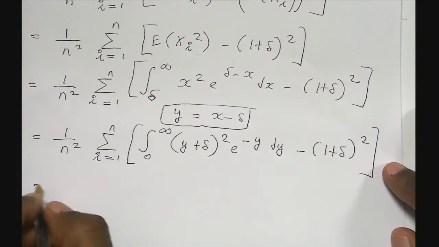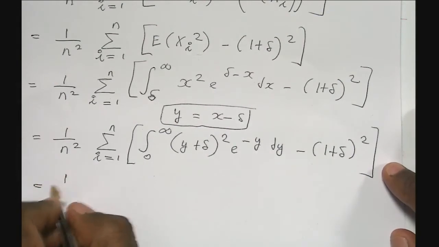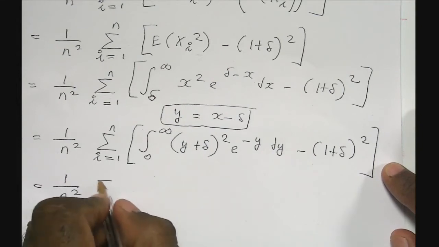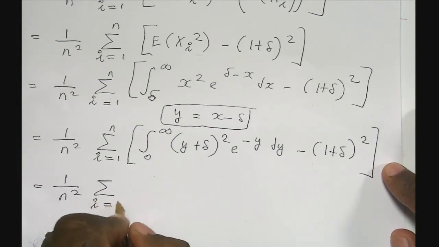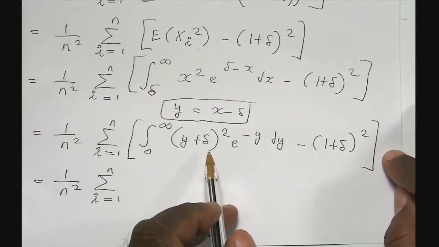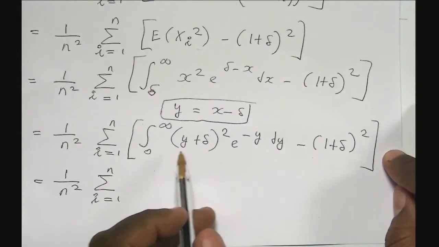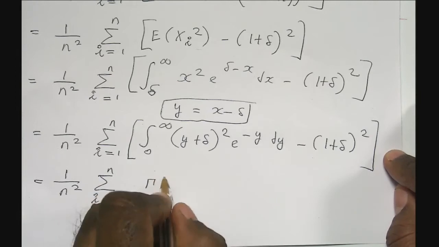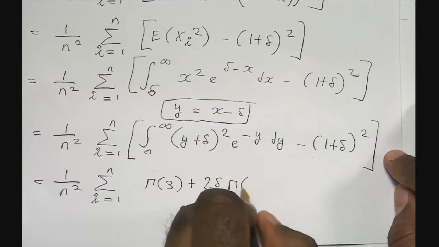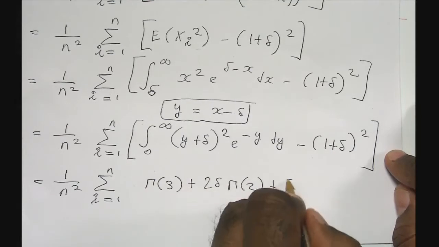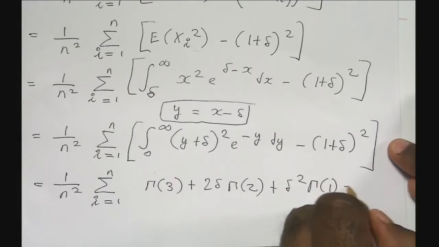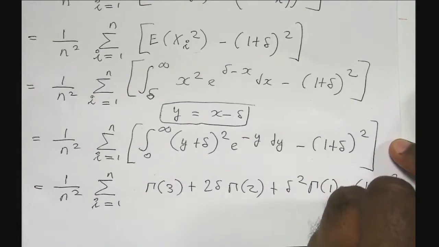Now, because I'm running out of time, I'm gonna do a shortcut here. After you expand this, guys, and simplify this, we get gamma of 3 plus 2 delta gamma of 2 plus delta squared gamma of 1 minus 1 plus delta squared.